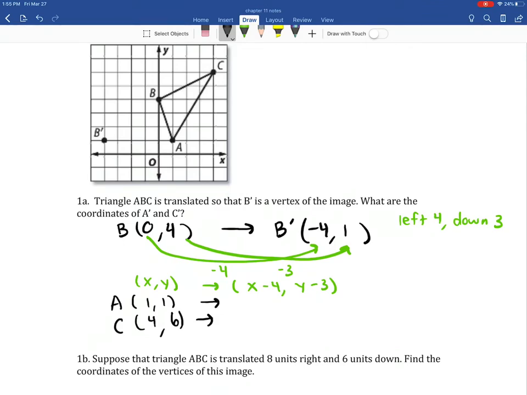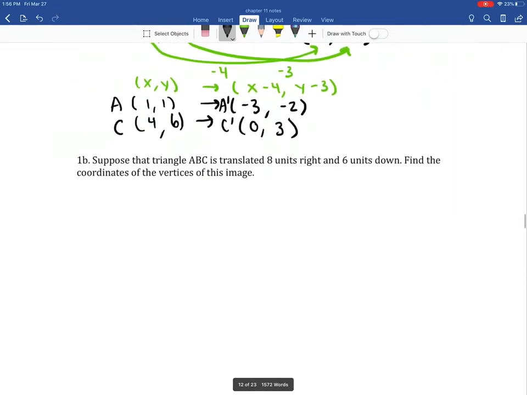I'm going to take 1, 1, and I'm going to subtract 4 from the x and subtract 3 from the y. 1 minus 4 gives me negative 3, and 1 minus 3 gives me negative 2. 4 minus 4 gives me 0, and 6 minus 3 gives me 3. So I have my two new coordinates, my A prime and my C prime.